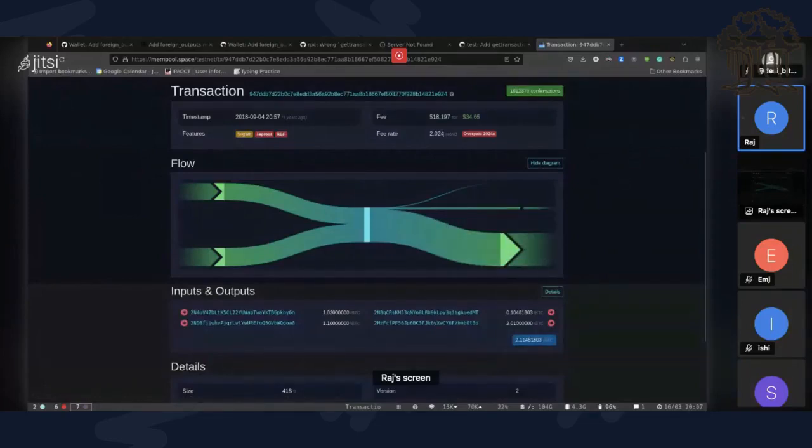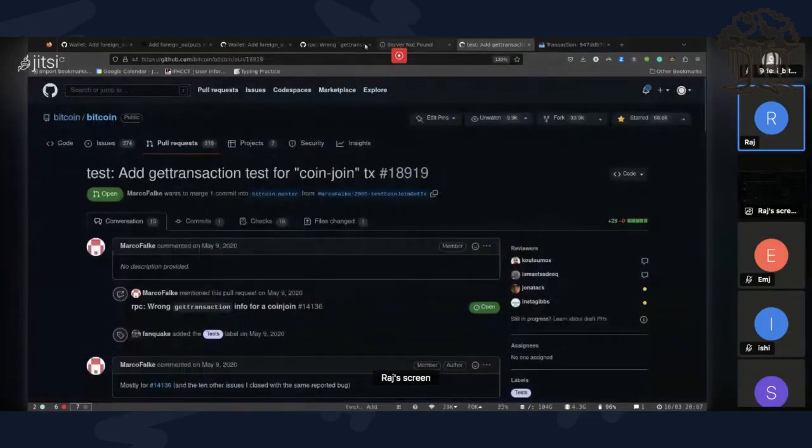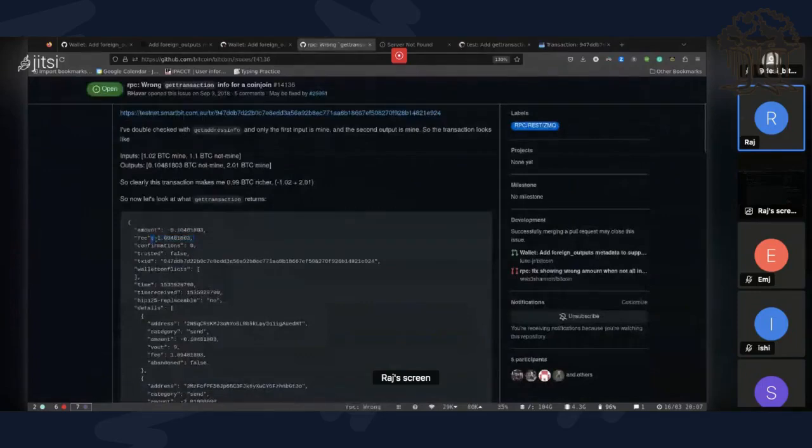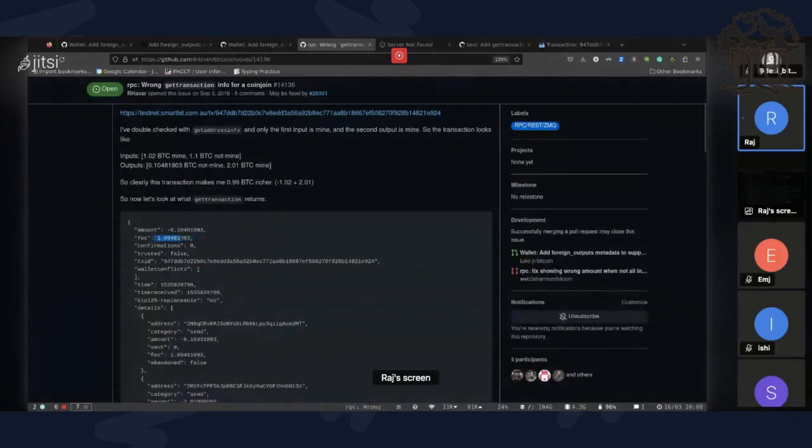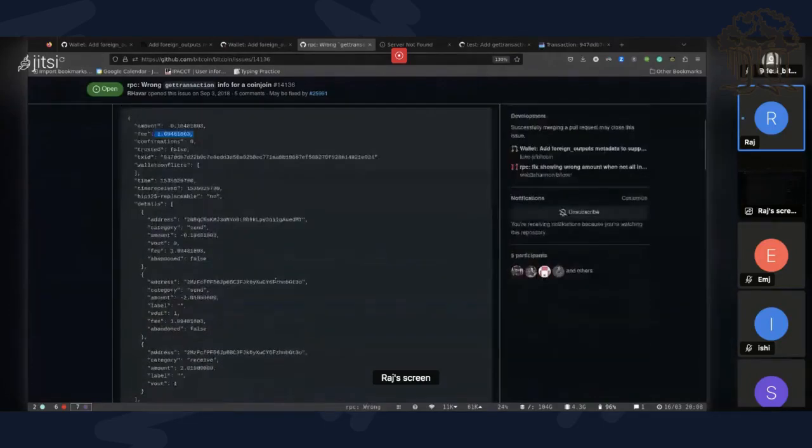But the fee is clearly wrong. That's the point. The fee is around 0.005 BTC, and get transaction says 1.9, right? And that's the problem.